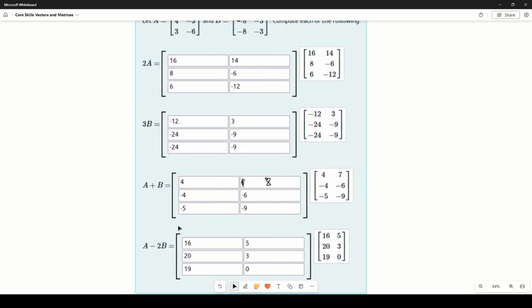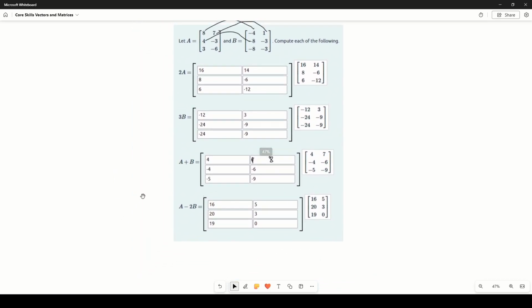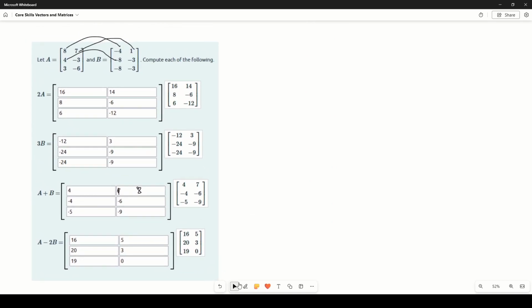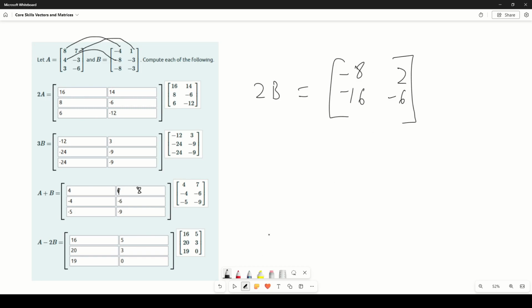Then A minus 2B actually requires us to do some calculation first. So we've got to calculate what 2B is, which is very similar to what we were doing above. We're just going to multiply each of the elements in B by 2. So we're going to have a -8, a 2, a -16, a -6.